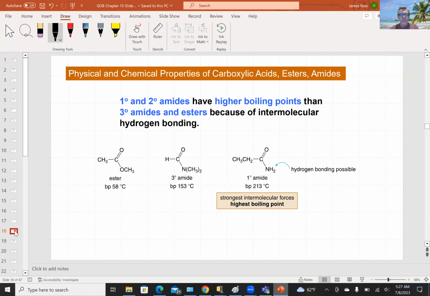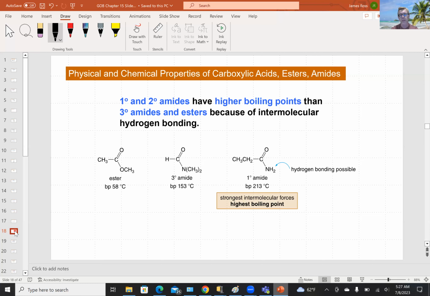So if you had to rank these, they're approximately similar mass. The tertiary amide, how can we argue that that's substantially more physically impressive than the ester on the left? Well, again, we have to be careful how we say this.